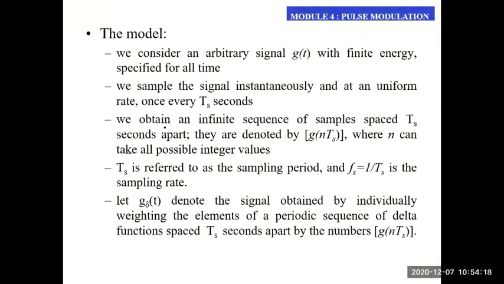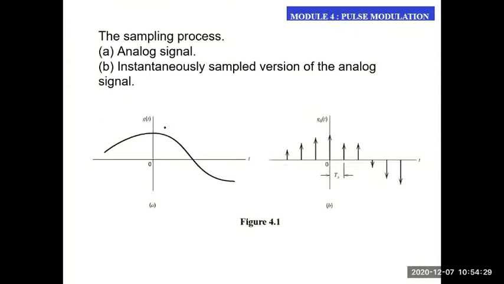Let's consider g delta of t to denote the sampled signal. And how do we get this g delta of t? We'll check that next. So basically, what is this sampling process? We have an analog signal g of t, and g delta of t represents the sampled signal.